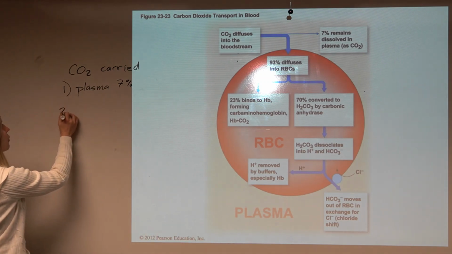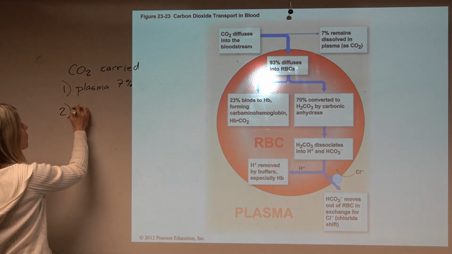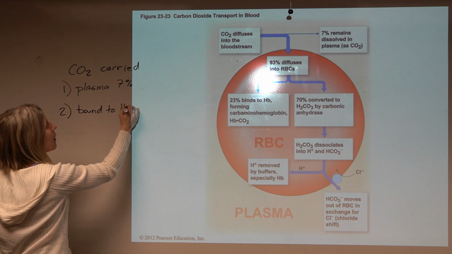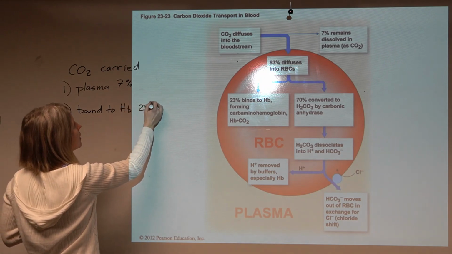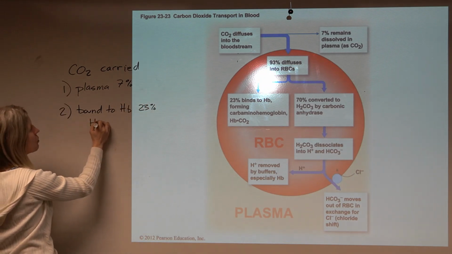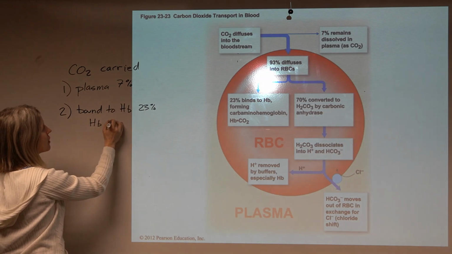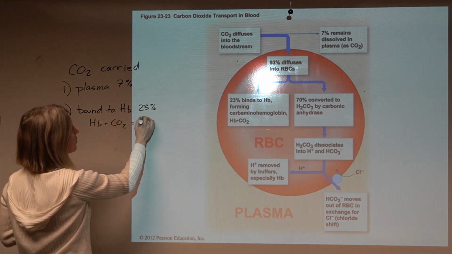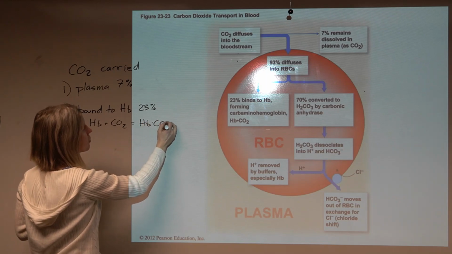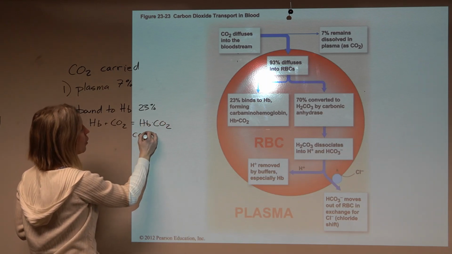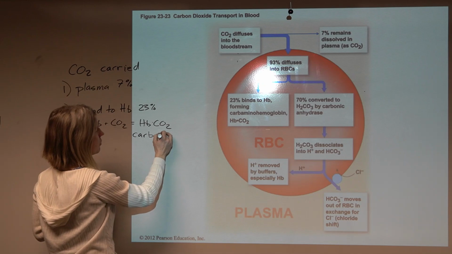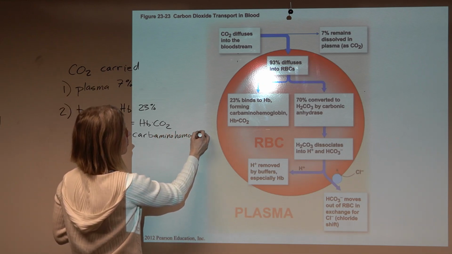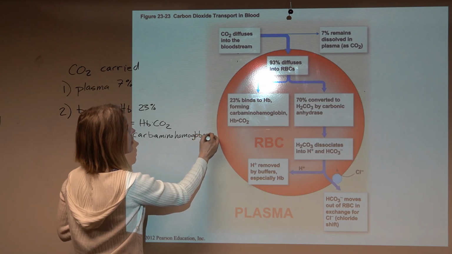And again, this is reversible. They call that carbaminohemoglobin. That's a mouthful.